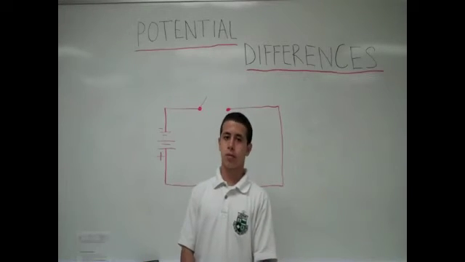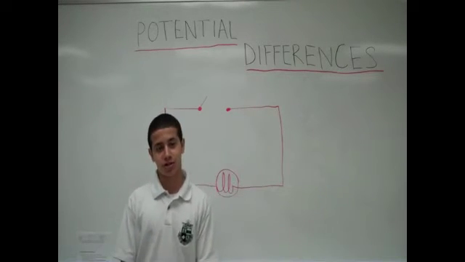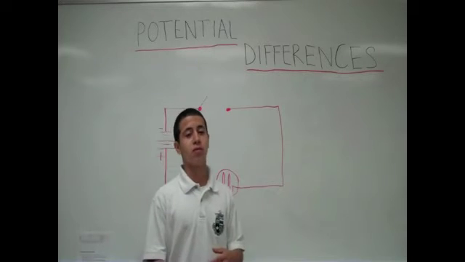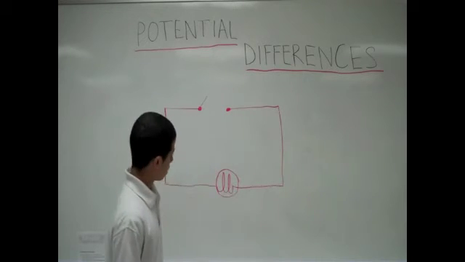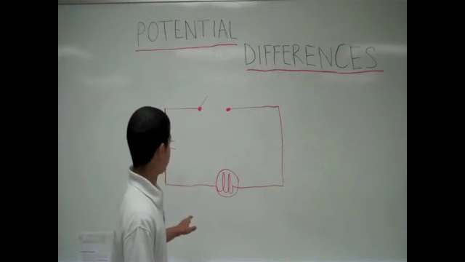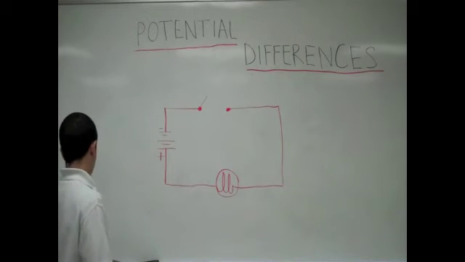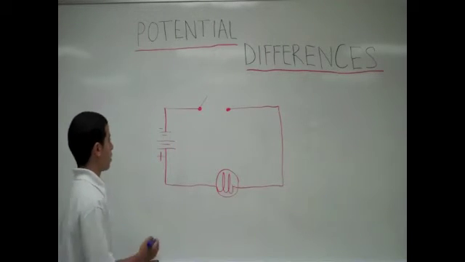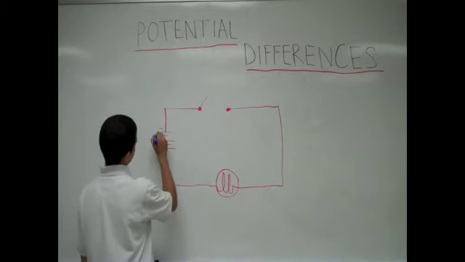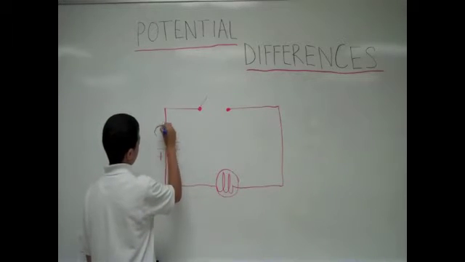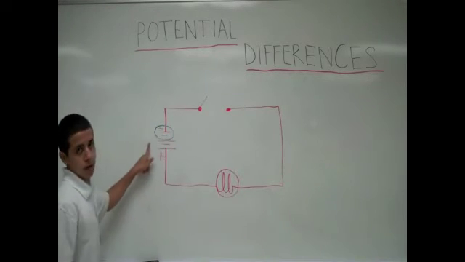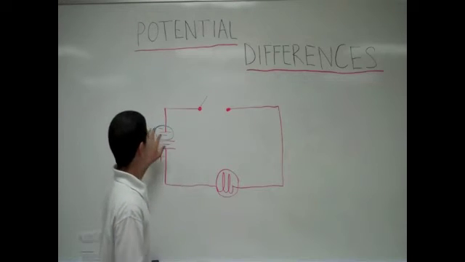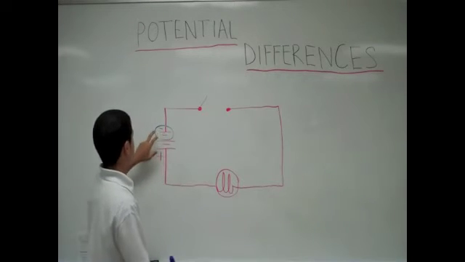So now we'll be talking about energized and de-energized charges and how they flow in a current. So right now in this diagram, the electrons are accumulating in the battery. This is the battery or the cell, whatever you call it.